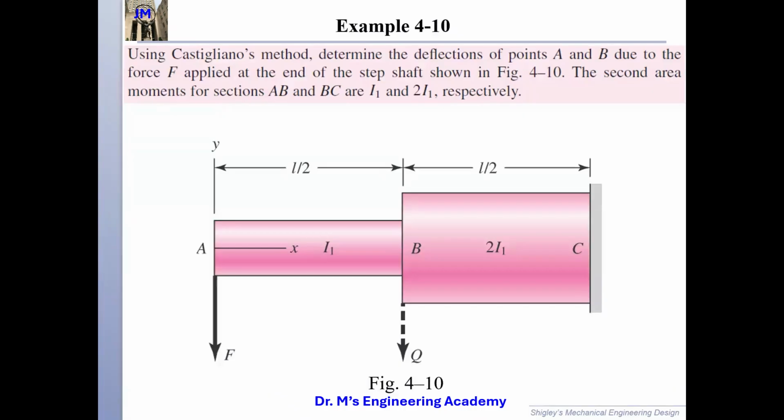From 0 to half L, 1 over EI_1, M is Fx, dM over dF is another X, and dx. And then plus, from half L to L, now this is 2 EI_1, M is the same thing, Fx, multiplied by another X, and dx.